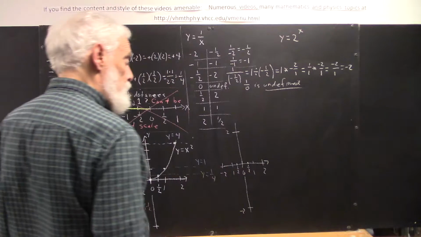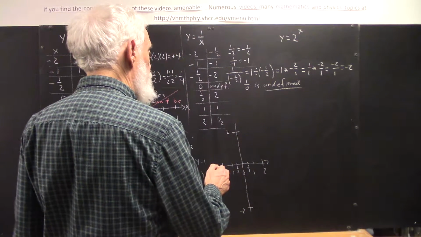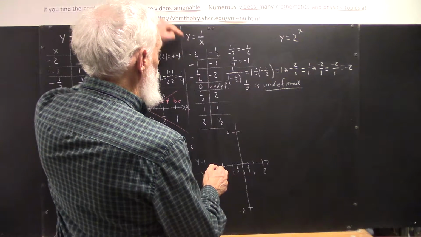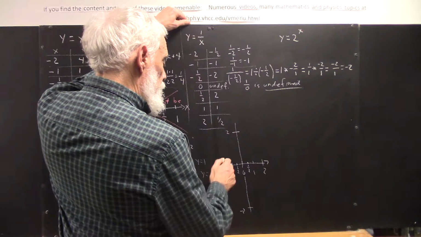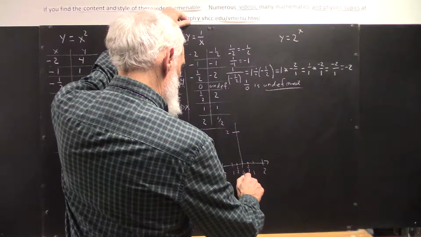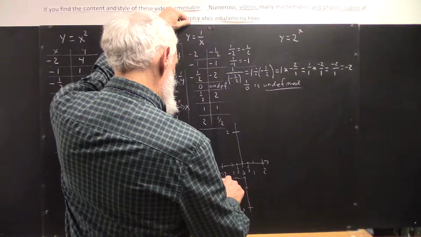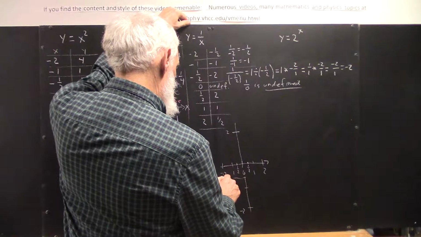Okay, when x is -2, y, which is 1 over x, is -1/2. Now if there is -2, then here's -1, and -1/2 is about here. So we could project down and across, and we get this point here.